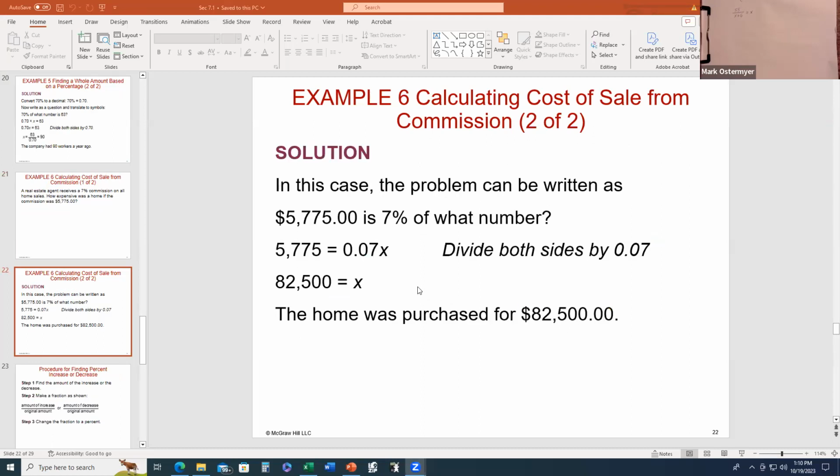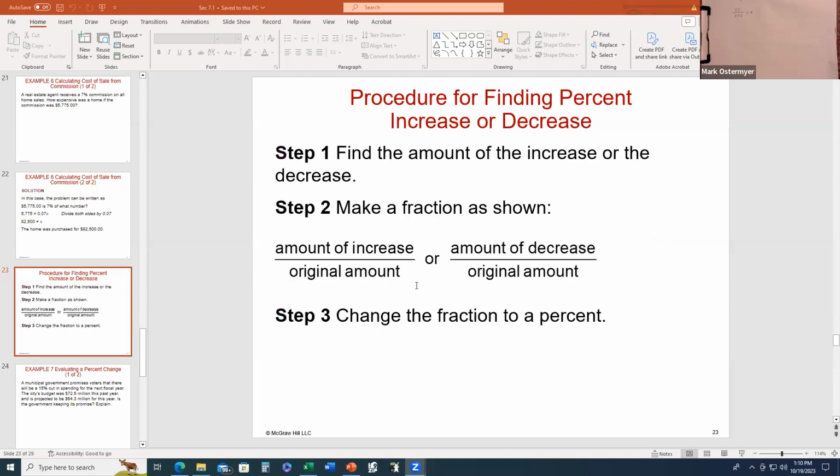There's the solution. All right, now, suppose, ladies and gentlemen, we want to find the amount of increase or decrease, or we want to compute what is called the percent increase or percent decrease between a starting number and a final number. Well, we have a little formula here that can help us out.